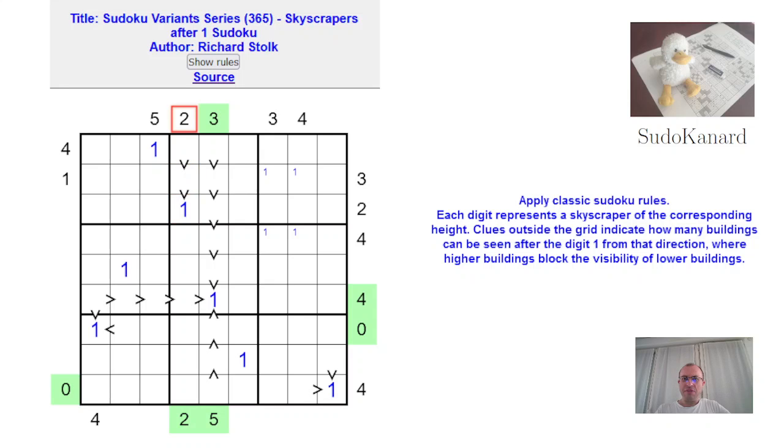Note that this too is interesting as well, because in this direction only 2 buildings will be seen, which means you could have, say, a 7 here, a 5, a 4, and then a 9, and then 2 and 3, for example. Well, only 7 and 9 would be seen. But that's not very helpful.